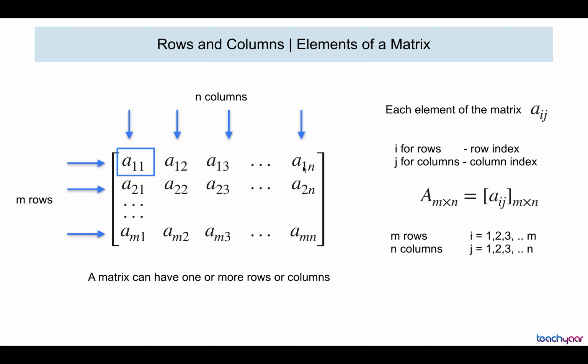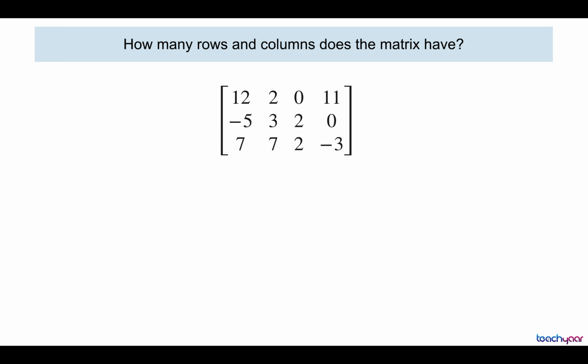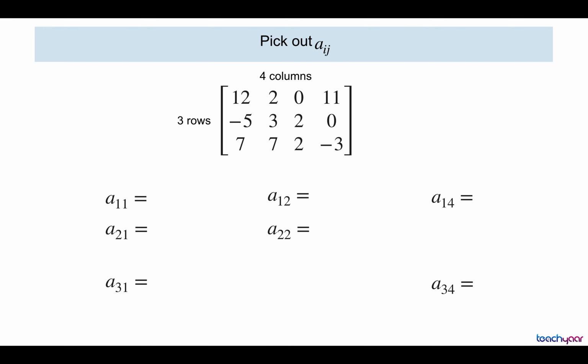Okay, so we've seen this in a general setting. Let's look at a particular example. So this is a matrix. Now, how many rows does it have? 1, 2, 3. So that's 3 rows. How many columns? 1, 2, 3, 4. So 4 columns. So it's got 3 rows and 4 columns. Now let's try and pick out the elements of the matrix.